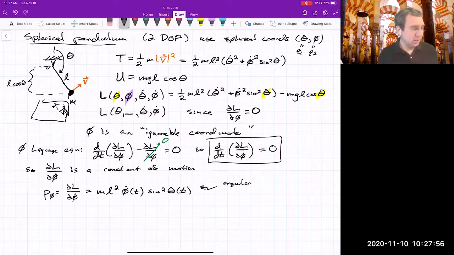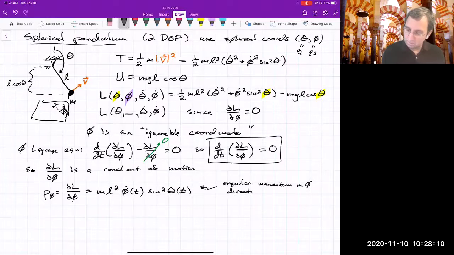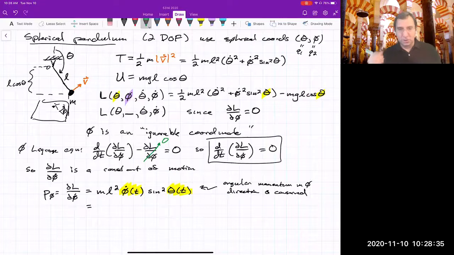So we know that momenta can sometimes be conserved. Angular momentum, the generalized momentum in the phi direction, is conserved. That means there's no moment acting on it. So whatever these phi dots and theta dots are as a function of time, they must be such that it's equal to what you get from the initial condition.